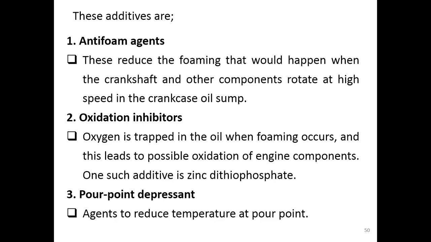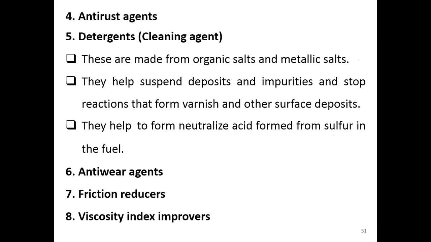Not hardly flow, right? If the oil can hardly flow, the lubrication will not happen. Number four is the anti-rust agent. Apart from the oxidation inhibitor, we also add the anti-rust agent to prevent rust in the engine components.